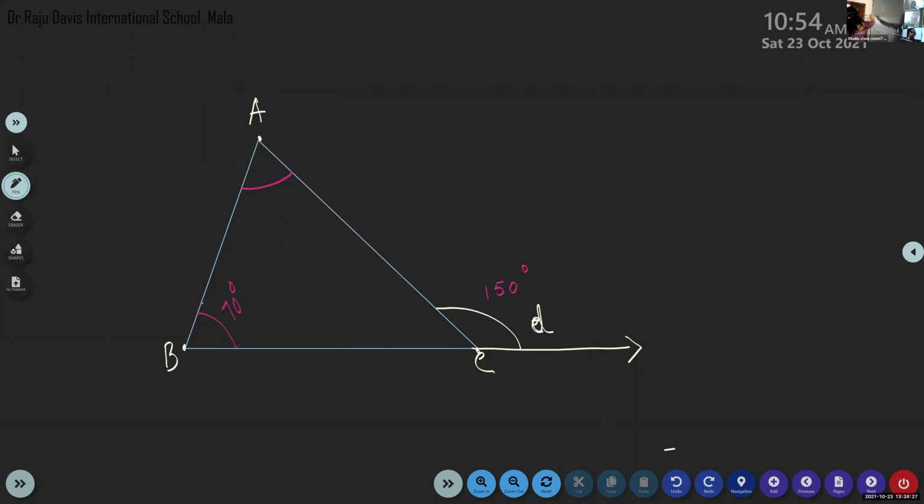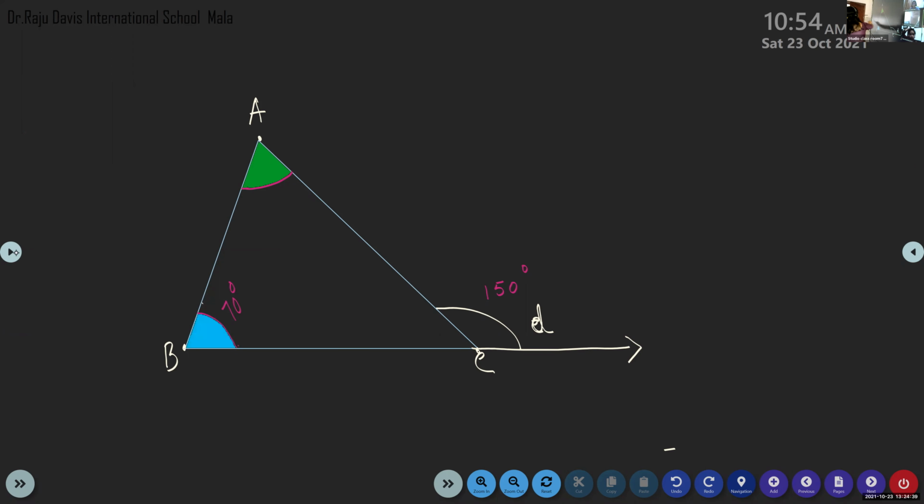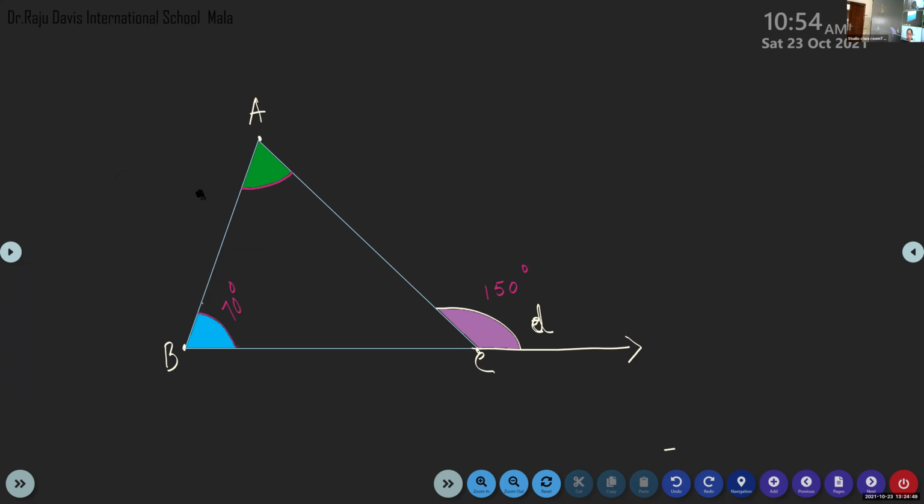Let me color it. This angle is green in color, and this angle is blue in color. And the other one, we can fill with any other color. So here an exterior angle is there, and interior opposite angles are there. I have given 150 degrees here.